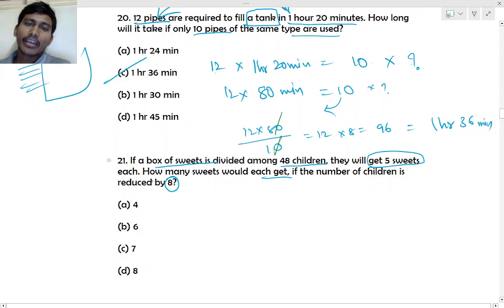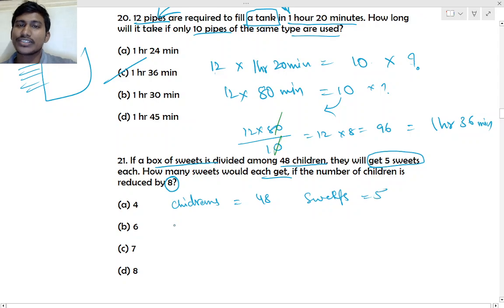Before, there were 48 children and they got 5 sweets. Reduced by 8, how many children will there be now? Option B, 40 children.